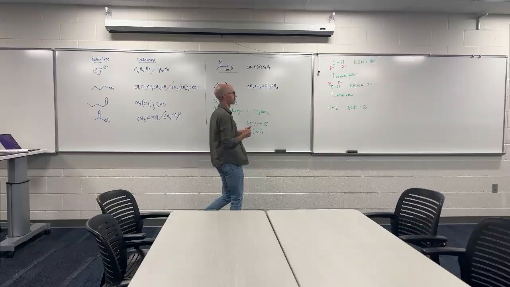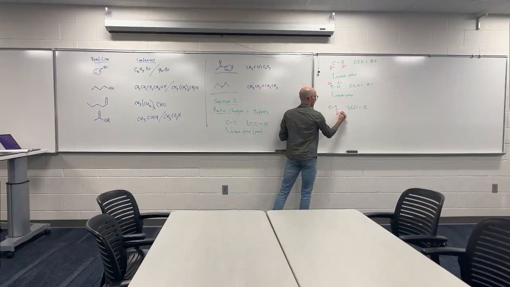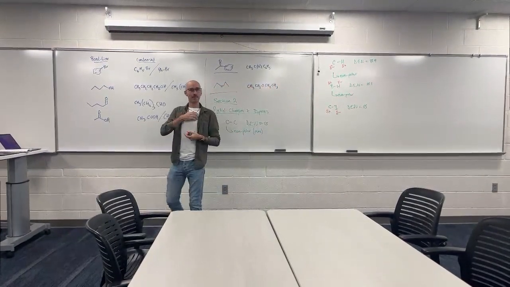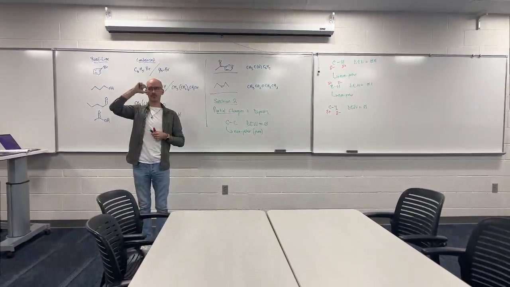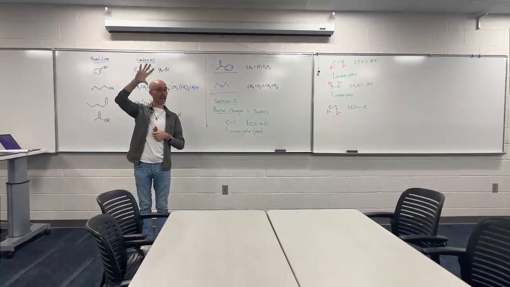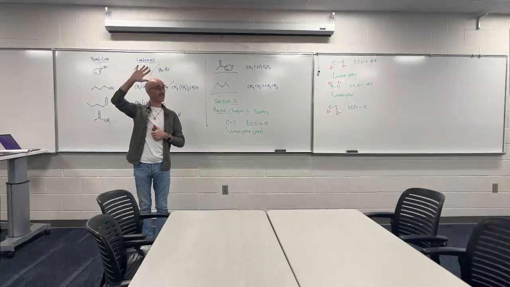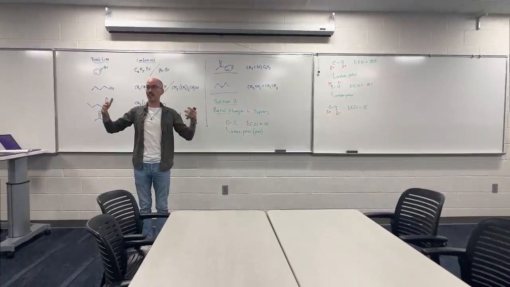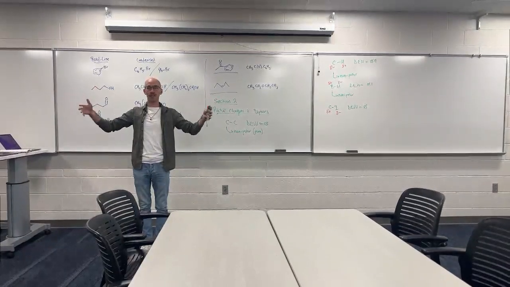Iodine. And why is that? Well, iodine is, let's see. First row, fluorine, chlorine, bromine, iodine. Iodine is a 5th row element. So it has electrons in 5s and 5p.